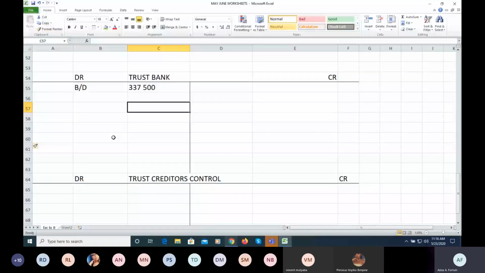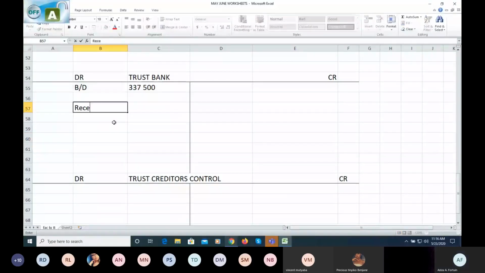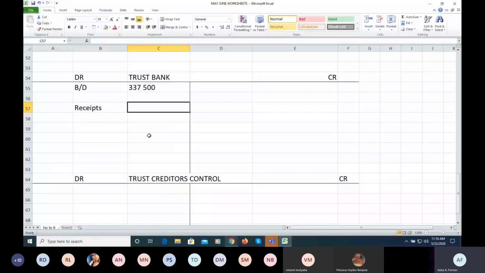Next, all our receipts. Our receipt was on the 22nd, where they say Morgan withdrew the investment and received 95,625.